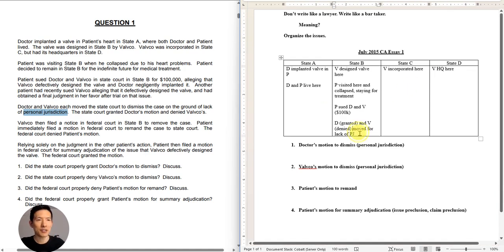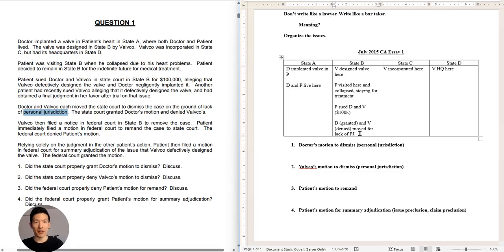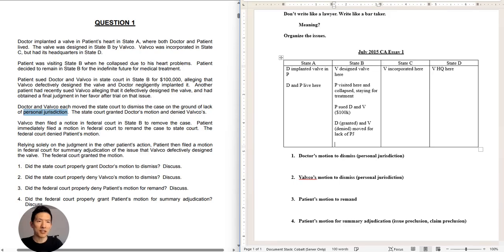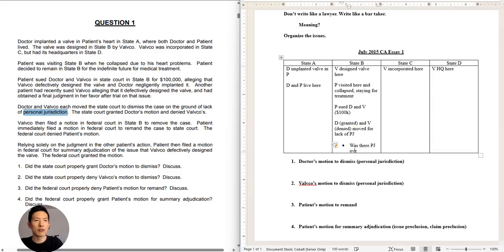So let's translate this to an easier way to look at it. If the state court granted defendant's motion, this means that doctor is saying that there's no personal jurisdiction and the court agreed with that. So the actual question is, was there personal jurisdiction over doctor?